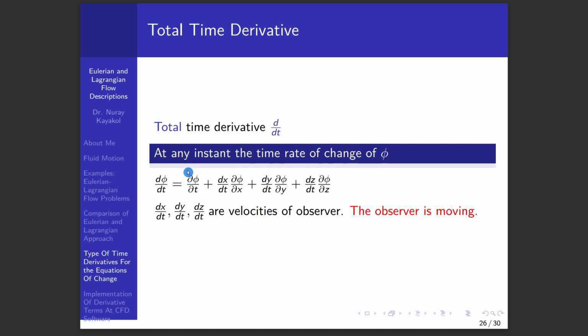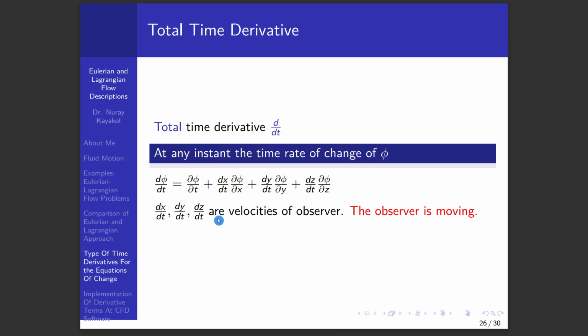This is what we learned previously. The other one is del phi over del x, del phi over del y, or del phi over del z, variation of variable phi in x, y, z directions. How about the terms dx over dt, dy over dt, or dz over dt?